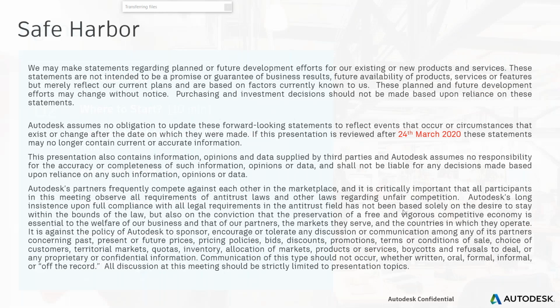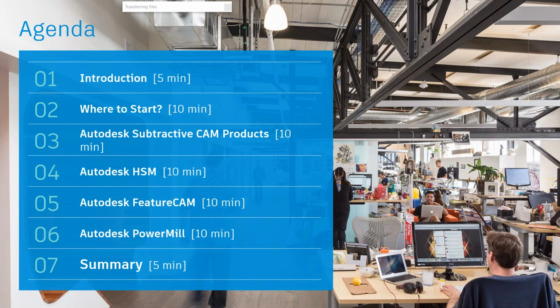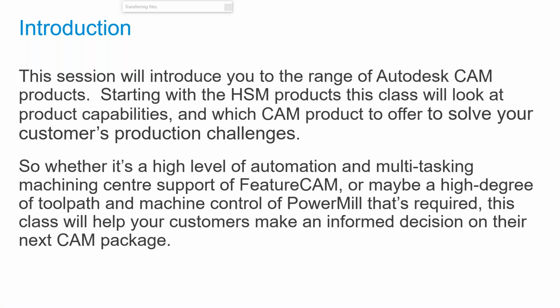So what are we going to do today? It will be a set of topics that we are going to cover, and before we get to individual product capabilities, let's look at where we start. In today's session we are going to cover a couple of products.